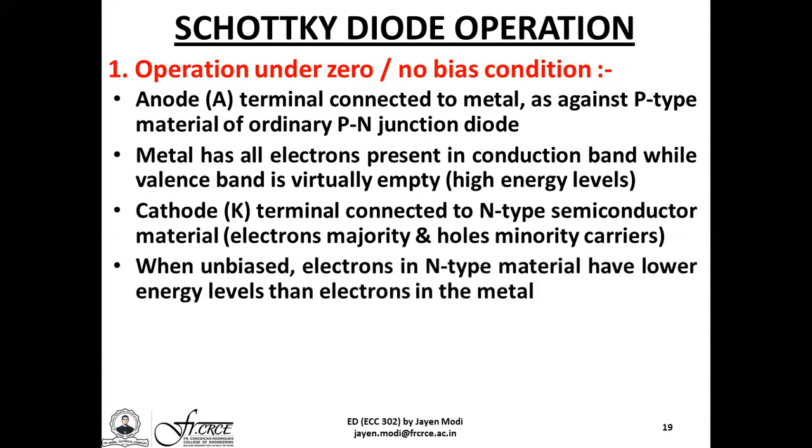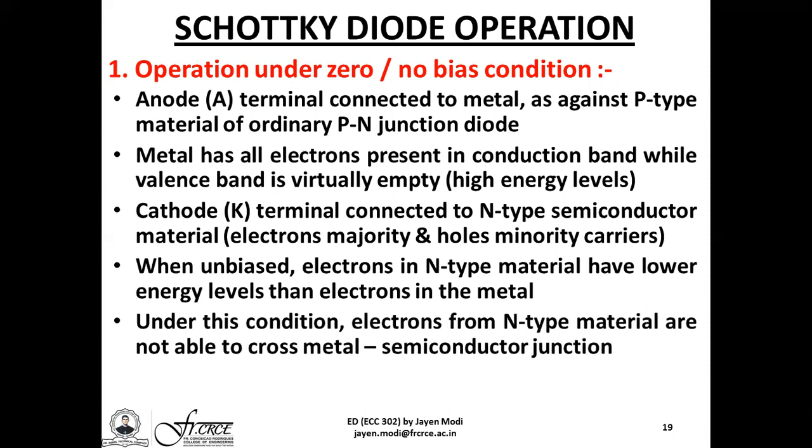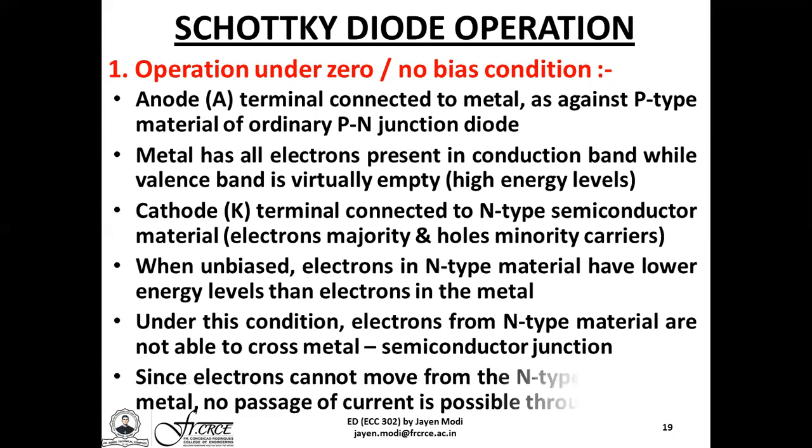When the Schottky diode is completely unbiased, without any external battery supply voltage connected to it, the electrons in the n-type material have a far lower energy level than the electrons in the metal. Under this condition, electrons from the n-type material are not able to cross the metal semiconductor junction interface. Since the electrons cannot move from the n-type material to the metal, there is no passage of current possible through the Schottky diode.